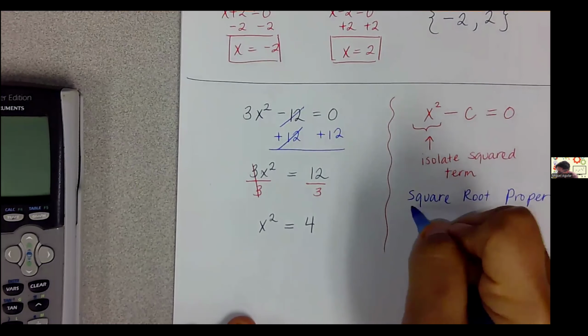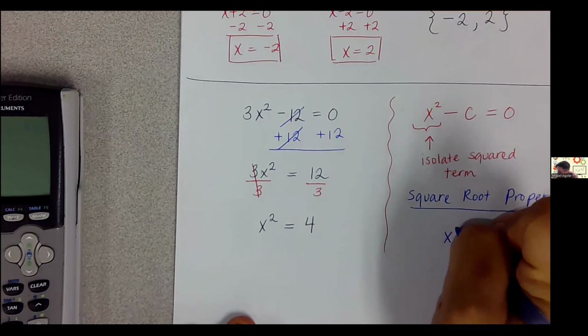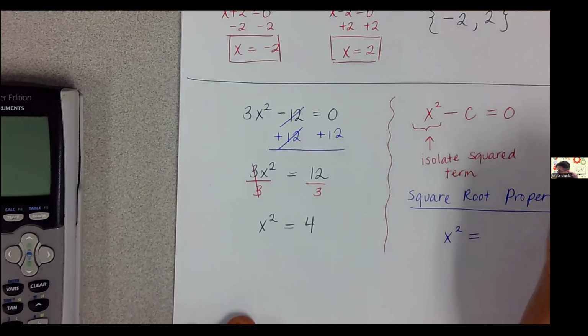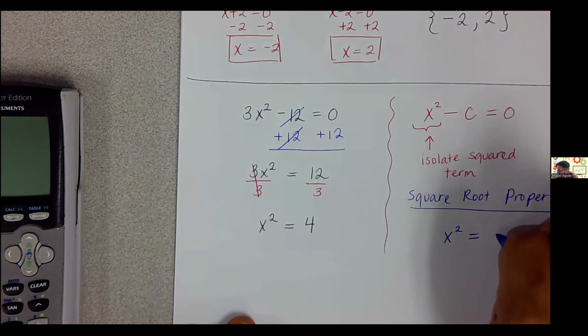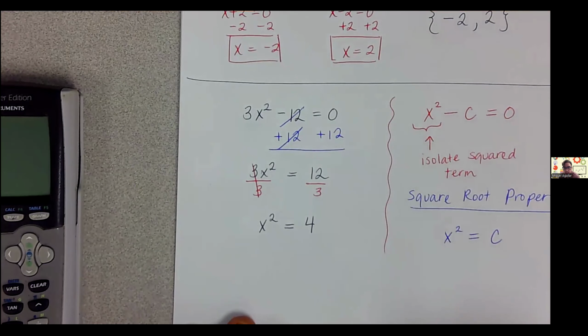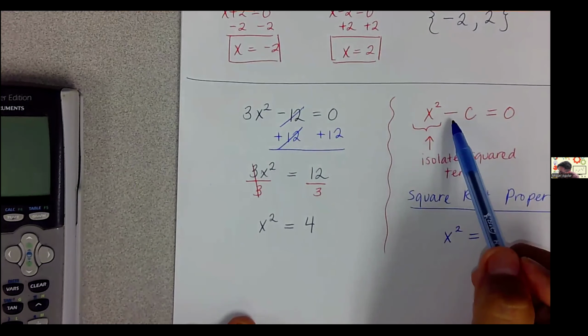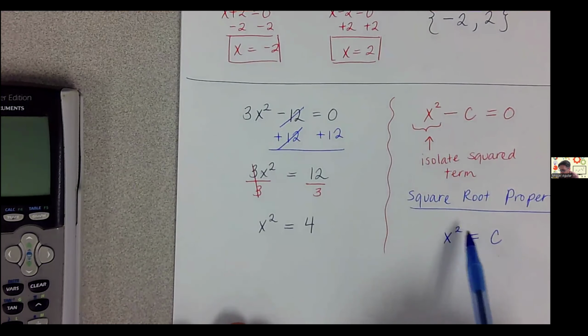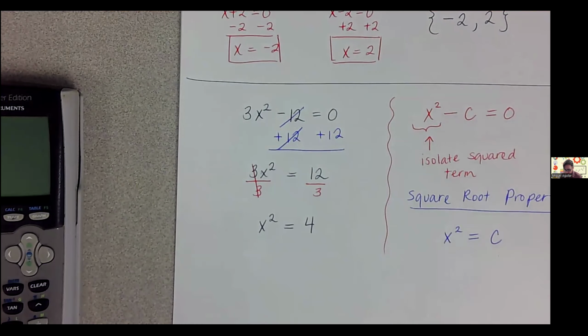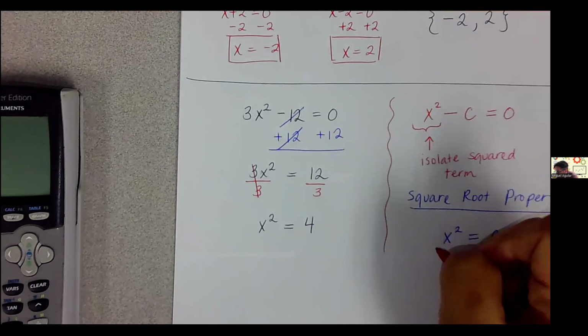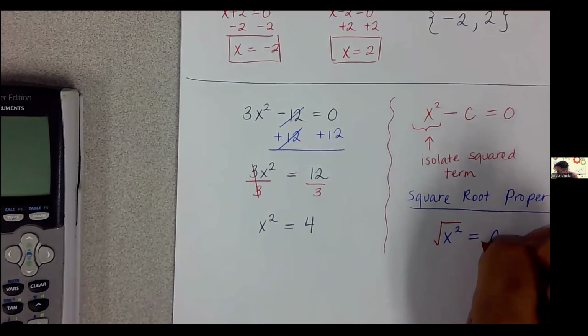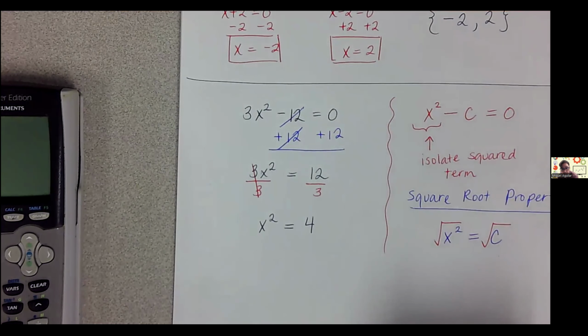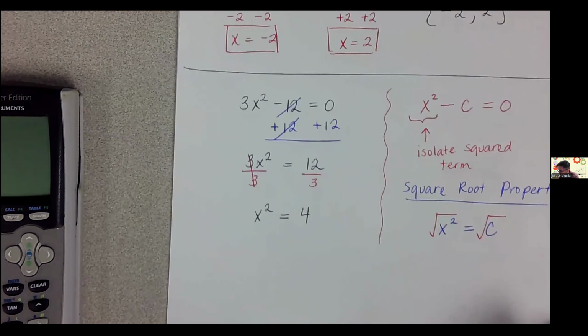So the square root property is basically this concept that if we have x squared is equal to some number, let's say some number c, and imagine that we had just added the c over to the other side here, and that's how we got it to be a positive c. Well, to cancel out the second power, just like we did when simplifying radicals, all we did was take the square root of both sides of this little equation.